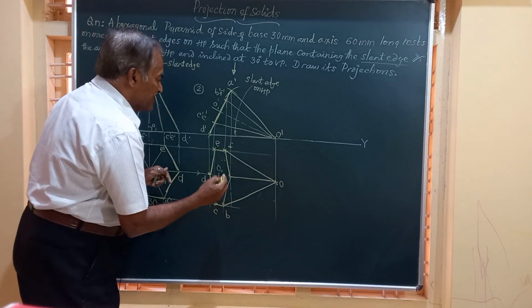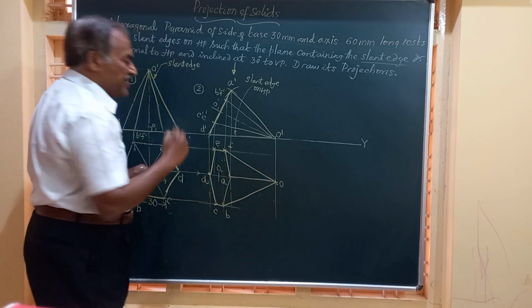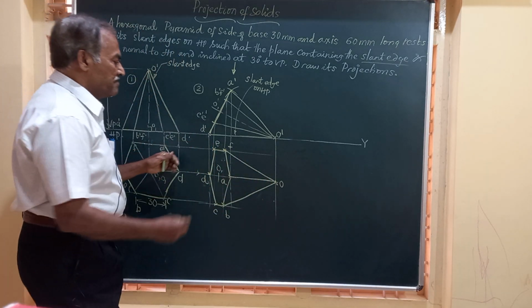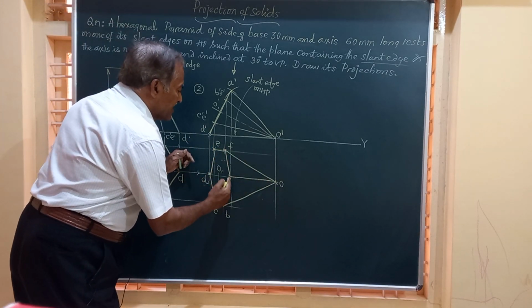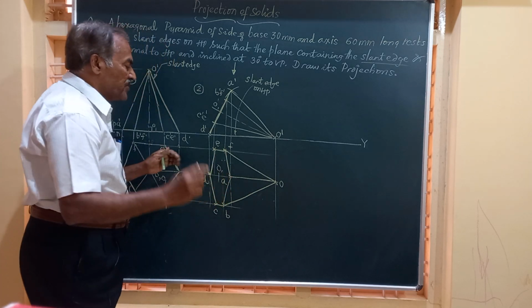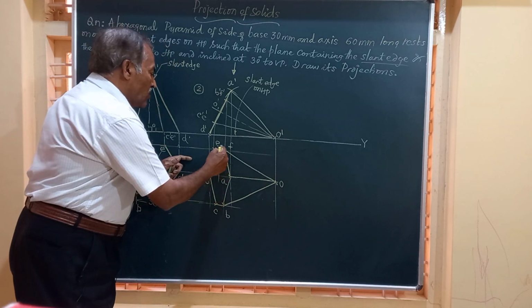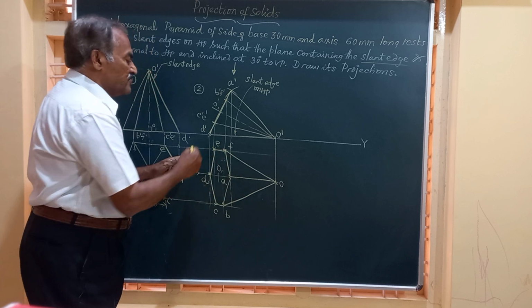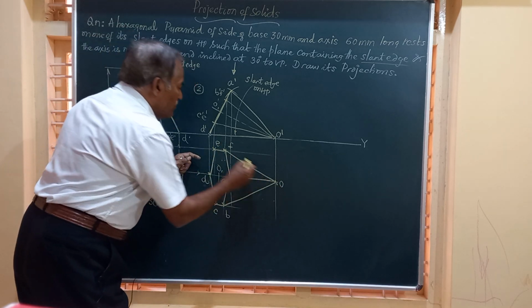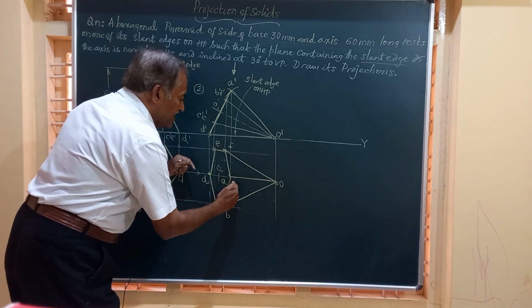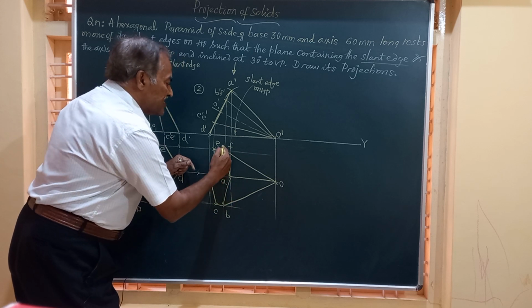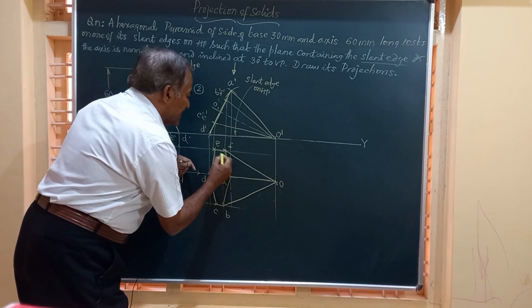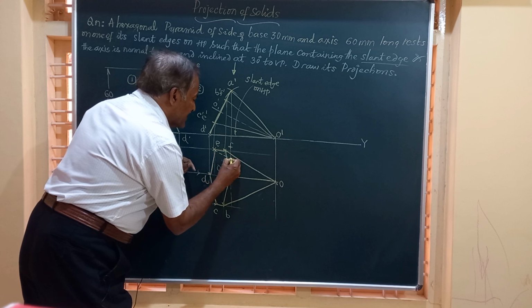Then, friends, if you are joining O to E, the other corner E, what happens? It will intersect with this. But we know very well that all the edges of the base are visible, and when I am joining O to E, it is intersecting AF. So this already is a full line. The connecting line should be a dotted line.